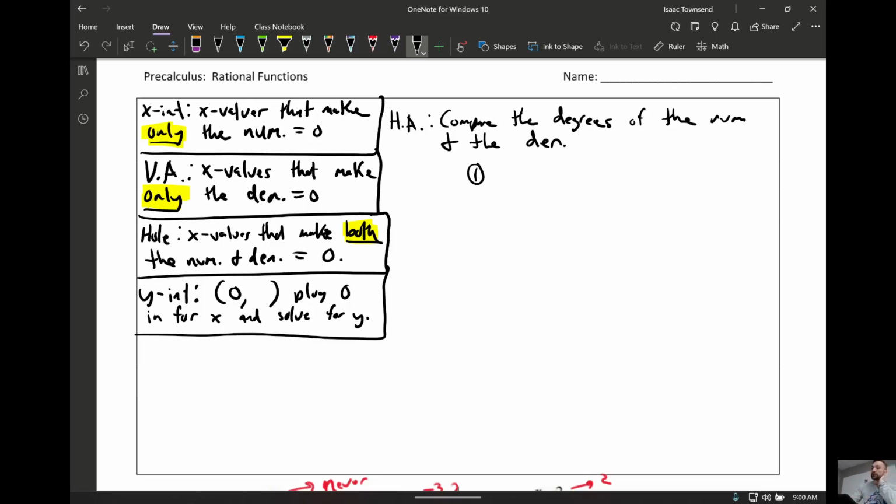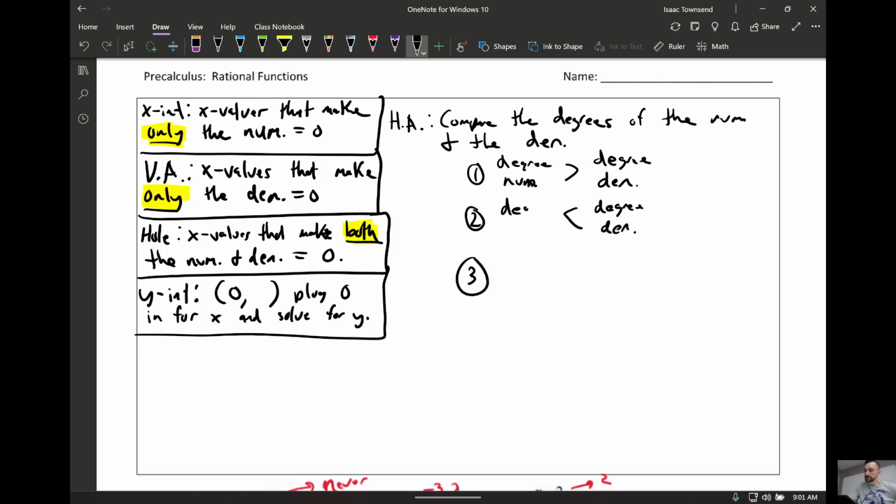And then there's 3 things that could happen. The degree of the numerator could be bigger. The degree of the denominator could be bigger. Or they could be equal.